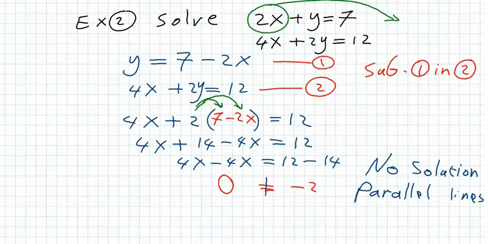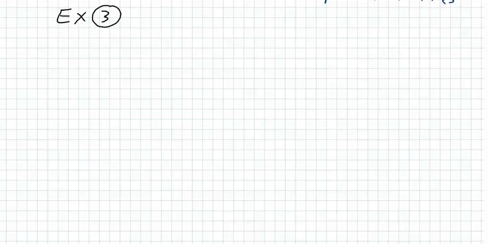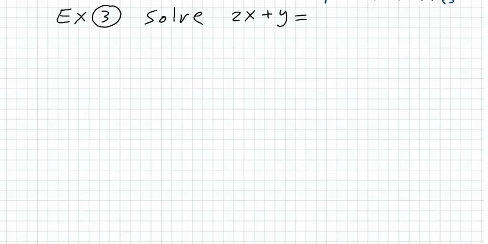Let us take a last example, the third condition, where the lines coincide. Solve 2x plus y equals 3, minus 4x minus 2y equals minus 6.